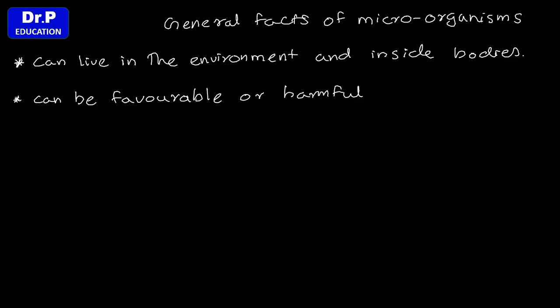But then think about some bacteria that spoil food. If you eat bacteria that comes in with spoiled food, you will get food poisoning. Some microorganisms can cause us infections. We can have fungal infections, bacterial infections, viral infections. So they can be harmful or favorable.